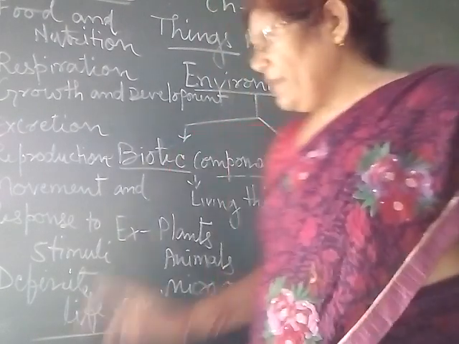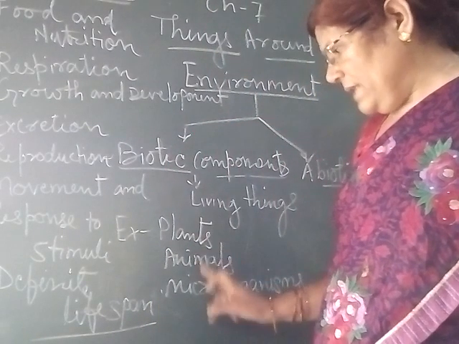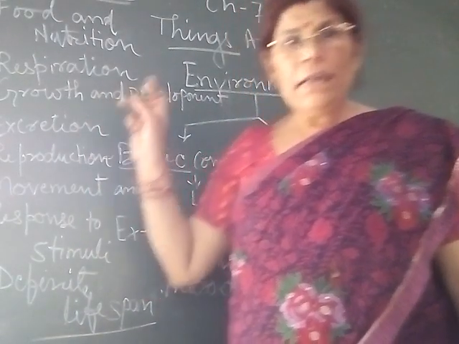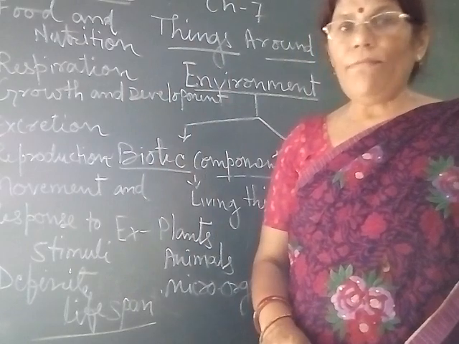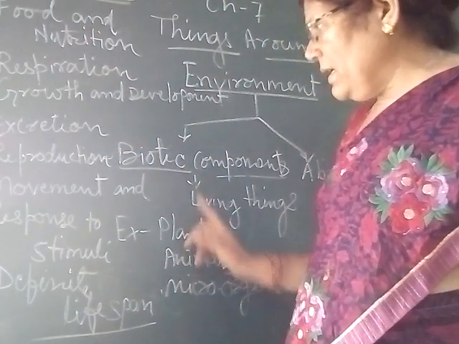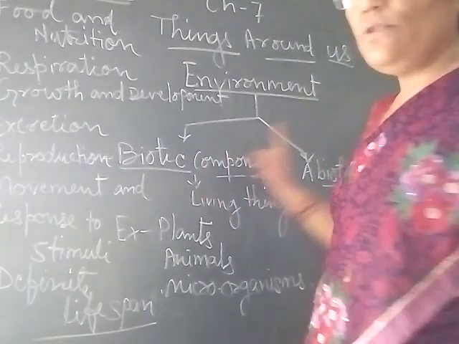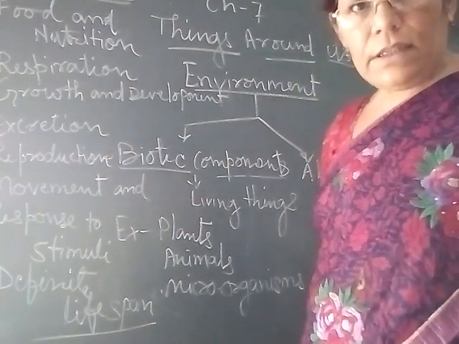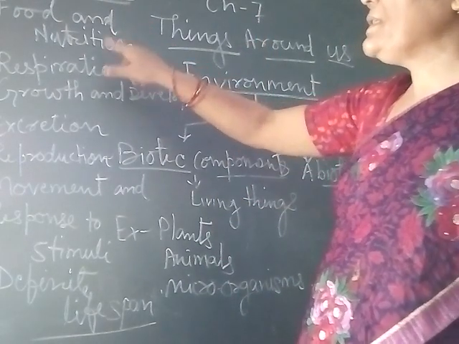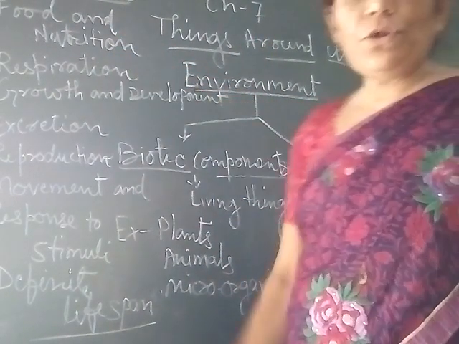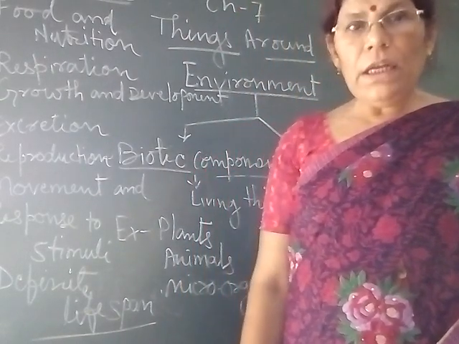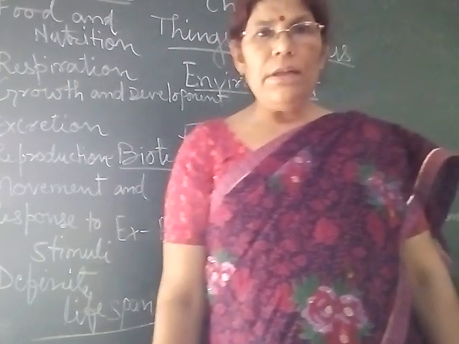Now, living things: plants, animals and microorganisms. There are some characteristics which are only found in living things and not found in non-living things. The first characteristic is food and nutrition. This characteristic is only found in living things.